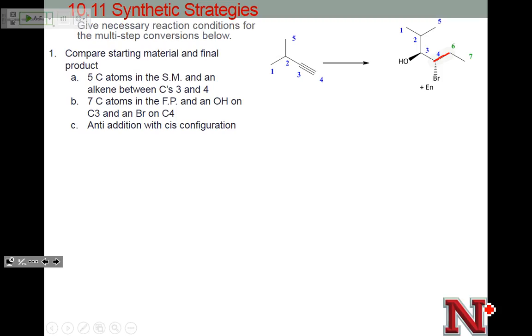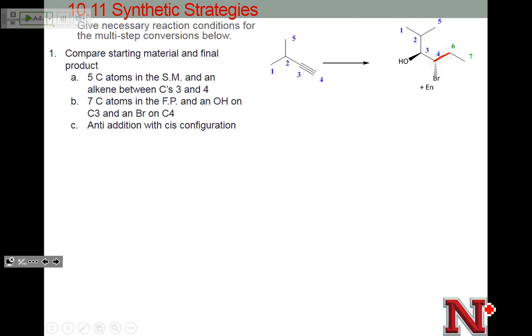It could also add twice. Did we add Br2 and OH to a pi bond once or twice? Once, because how many bromines, how many OHs do we have? Do we still have a double bond? I mean, a pi bond. So does that mean we started with a triple bond or a double bond? We had to have started with a double bond.